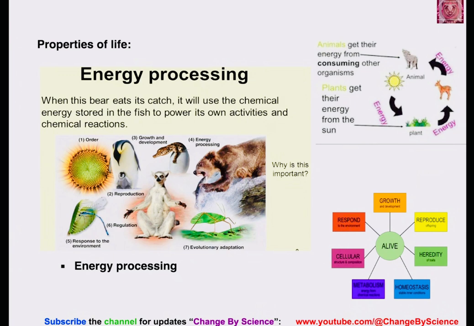When this bear eats its catch, it will use the chemical energy stored in the fish to power its own activities and chemical reactions. Animals get their energy from consuming other organisms, while plants get their energy from the sunlight.